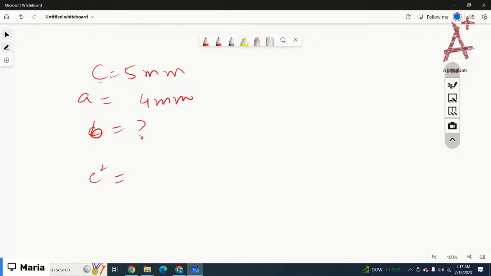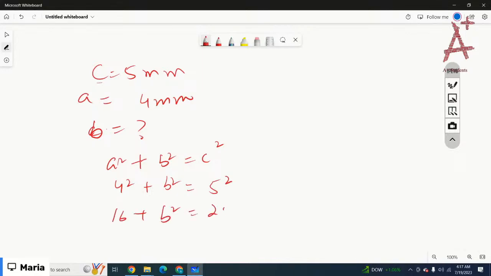You know that the Pythagorean theorem is a square plus b square equals c square. So a is 4, plus b square equals c is 5 square. So it would be 16 plus b square equals 25.